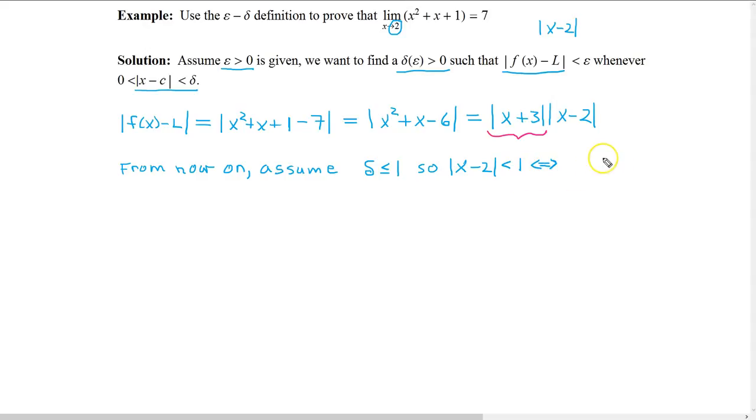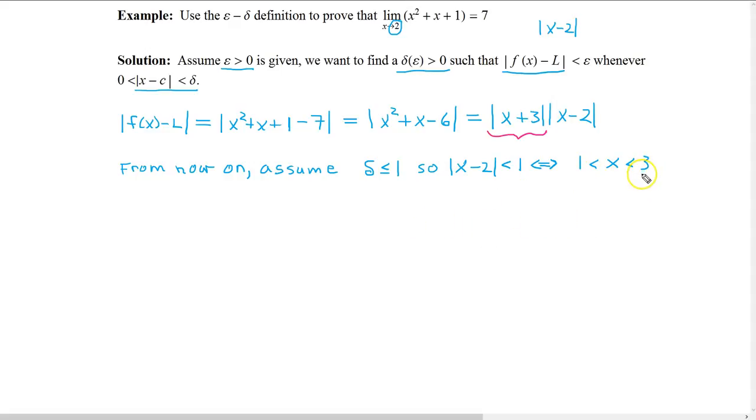This is equivalent to saying that x has to be between 1 and 3. Notice that this is x minus 2 less than 1 and greater than negative 1, and if we add 2 to everything, we end up with this.